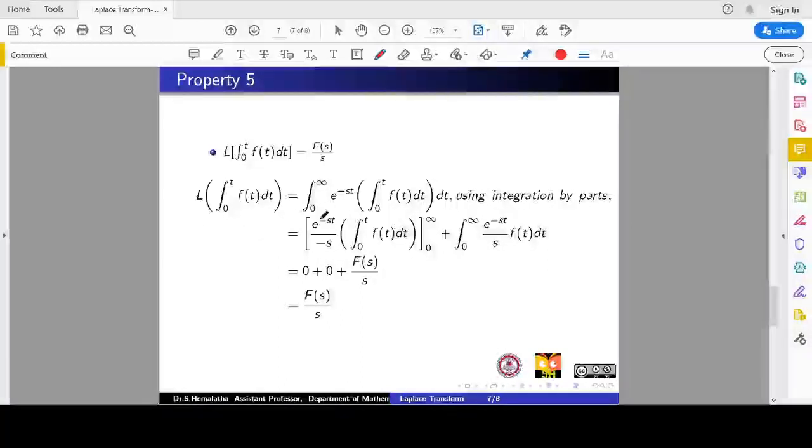Take the left hand side, write it by the definition of Laplace. Again here you have to take this entire bracket term as your u term, and this as your dv term. Then integration by parts can be applied, and you will get this particular result.